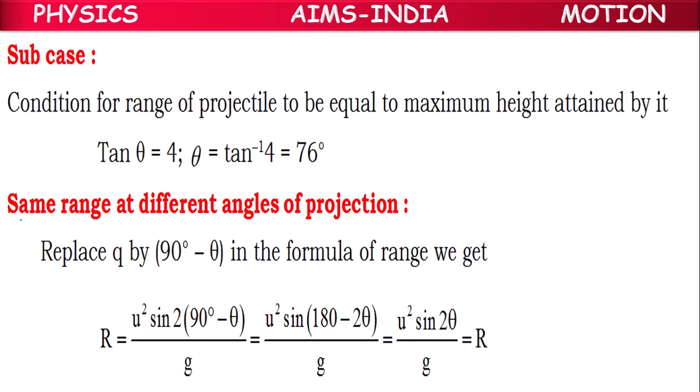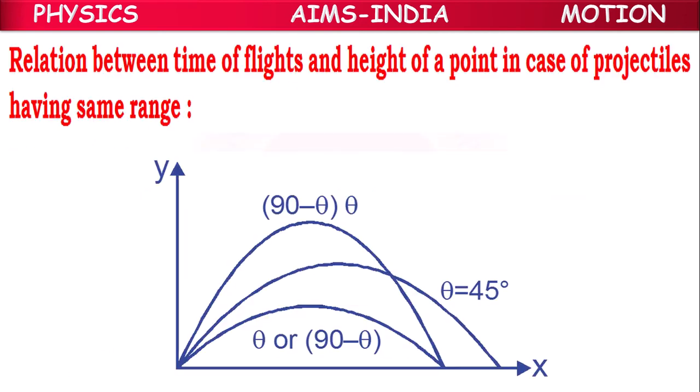Next one. Same range at different angles of projection means the angles of projection are different. This is one angle, this is another angle, this is another angle. Though the angles of projection are different, the range is the same, like this.